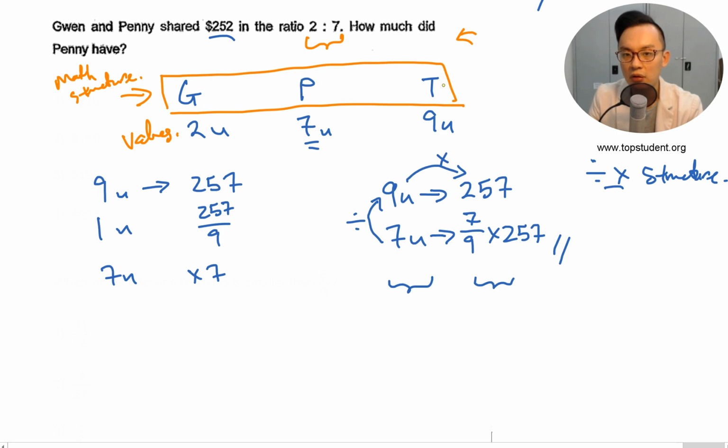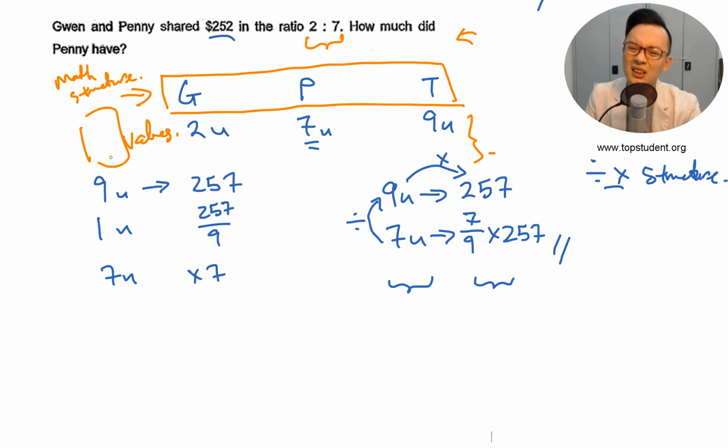All right, then the people on top, and then all the values at the bottom. All right, and whatever they did on this side. Okay, so as you go forward in your math, you will see this kind of question, and I'll be using this a lot. Okay, so this combined with your divide times structure is super useful for you to solve questions quickly. So 7 over 9, so you just divide and you get the answer.